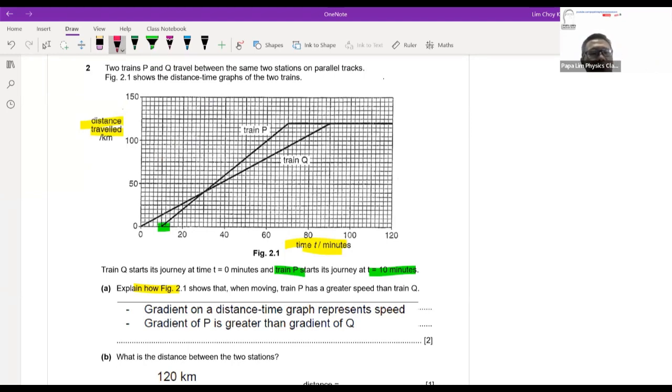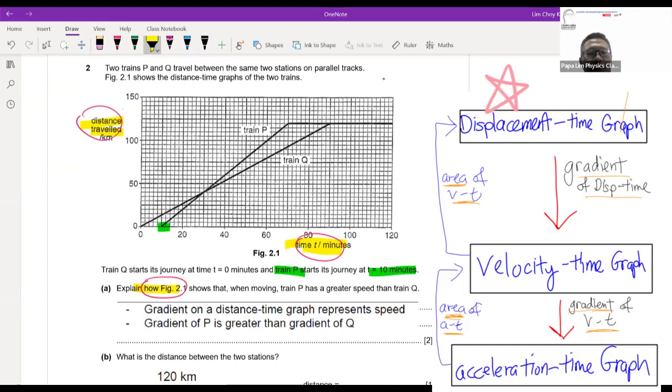Now, for question A, it asks how do we know that train P has a greater speed than Q? And the emphasis is from figure 2.1. When we look at a distance time graph, one of the important things we need to know is how we derive information about the speed. We derive information about speed using the gradient.